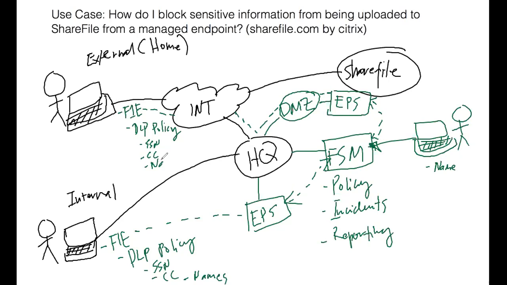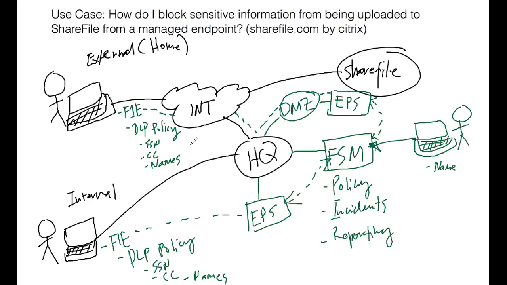So now the policy will look for Social Security number, credit card, and names. And by the way, our solution does not create one incident per trigger.